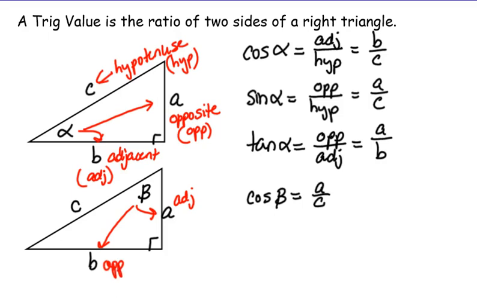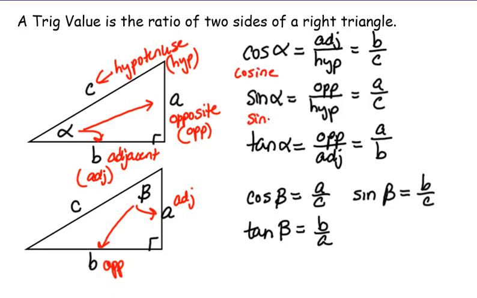So cosine of beta is A over C. Sine of beta then is opposite, or B over C, and tangent of beta is B over A. I'm going to write out these words for you since I'm just using the abbreviation. This is cosine, sine, and tangent.